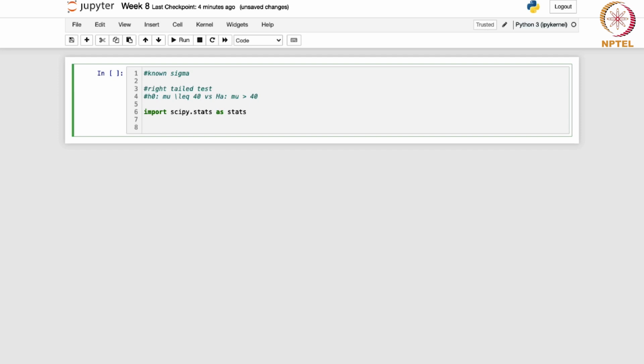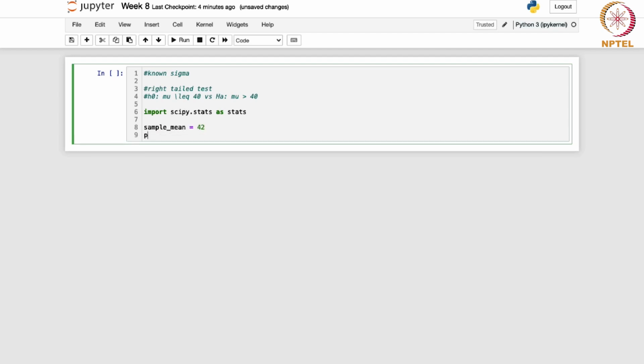Let us write what the sample data points given to us are. Let us assume that the sample mean is 42.